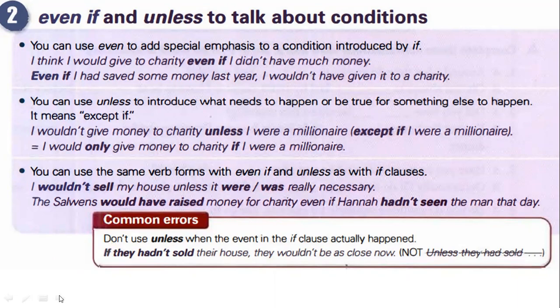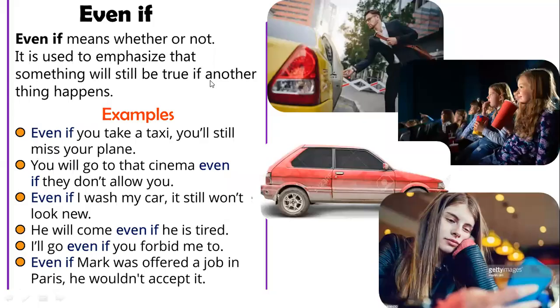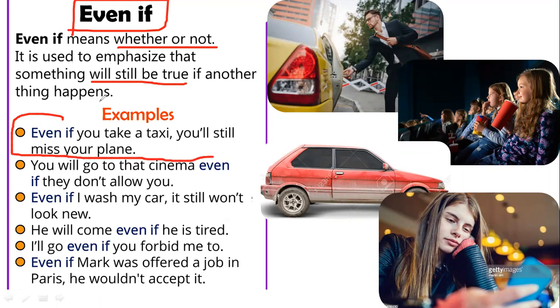Okay. I have a lot more examples for you. Even if means whether or not. It is used to emphasize that something will still be true if another thing happens. Example number 1: even if you take a taxi, you'll still miss your plane.